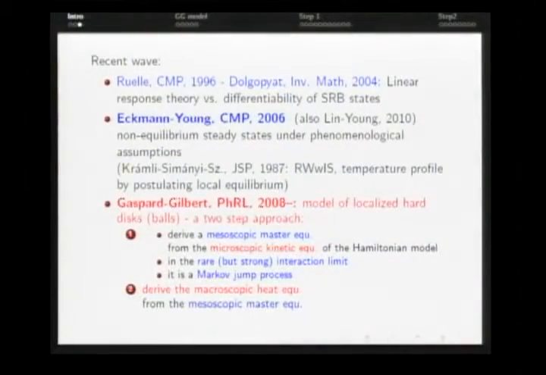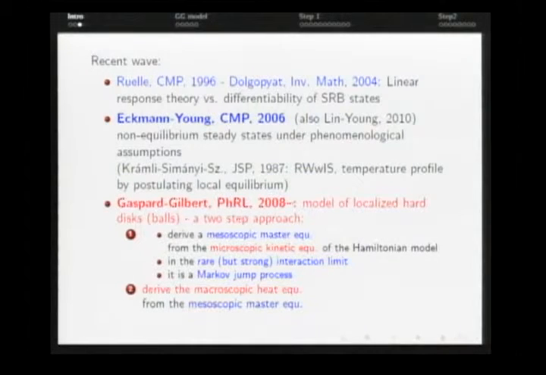It's not so simple as it sounds. It's really a difficult theoretical question. Actually, we also had a paper about heat transfer for a very simple model, random walks with internal states, where we used this kind of approach: we put in some phenomenological assumptions, and under them we derived the temperature profile, again by assuming different temperatures at the boundaries.